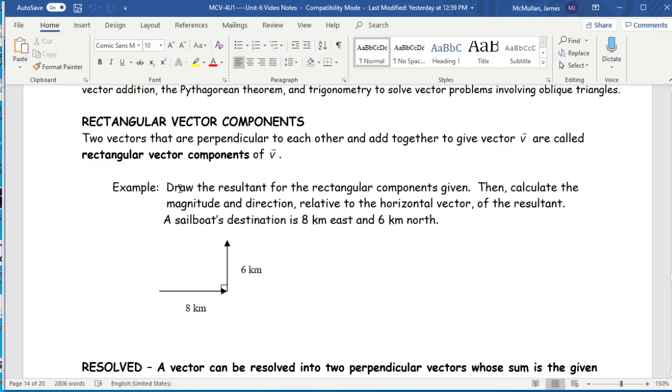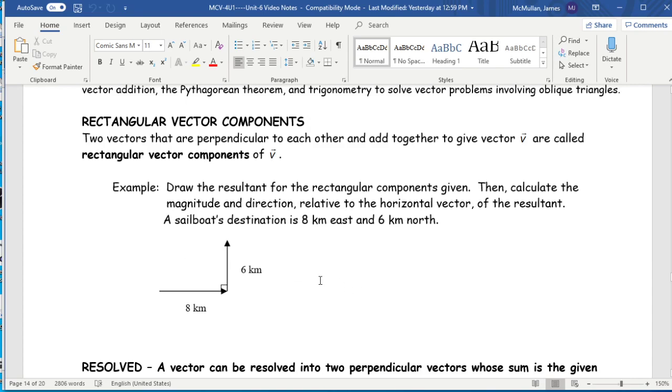It says, draw the resultant for the rectangular components given, and calculate the magnitude and direction relative to the horizontal vector. The sailboat's destination is 8 kilometers east, 6 kilometers north. So what's the resultant here, right? If you draw this hypotenuse, you would see that 8 squared plus 6 squared equals the magnitude of yours, and in this case it would be 10.